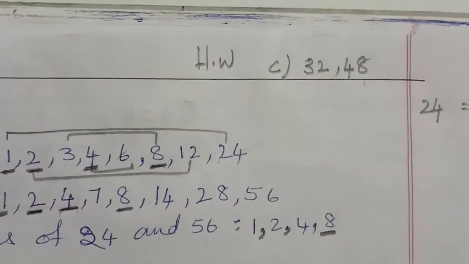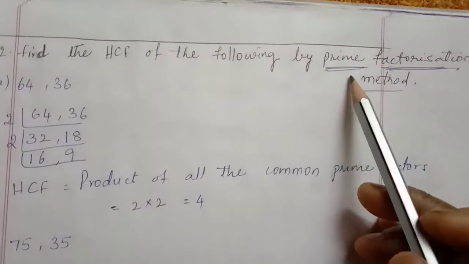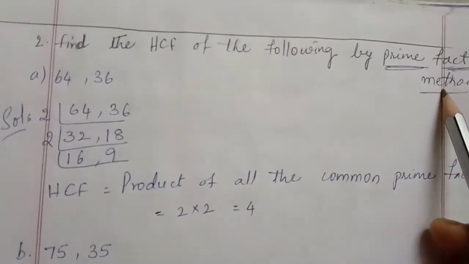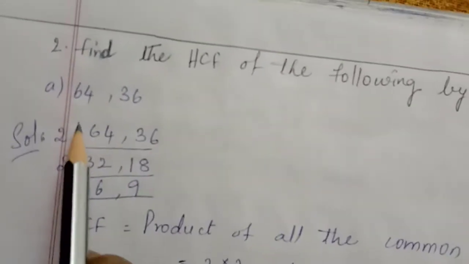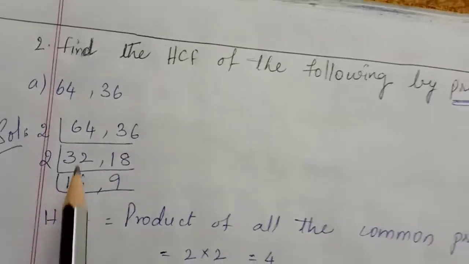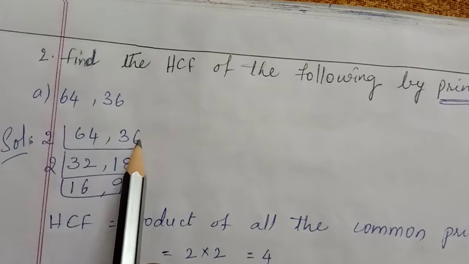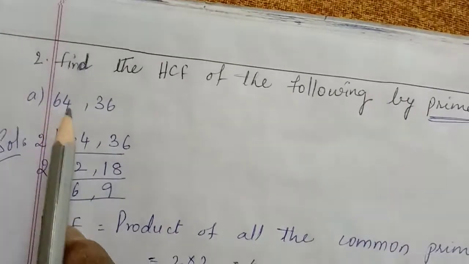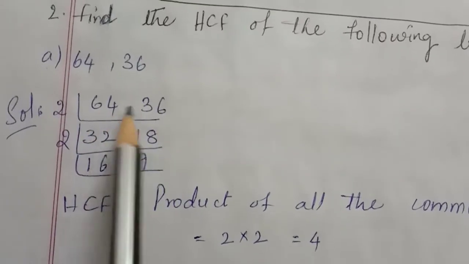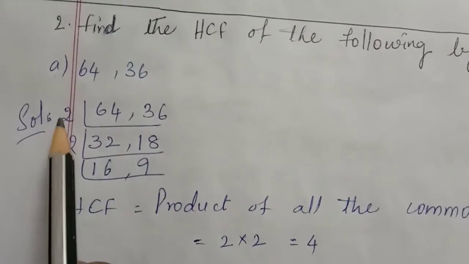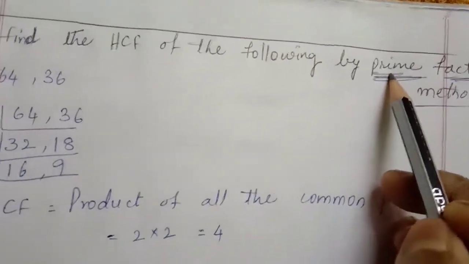Okay, children, now we are going to move to the second method. The second method is prime factorization method. So, we will take both the numbers in L shape. Now 64 and 36 are our question numbers. Means in the first sum we have 64 and 36. So these two numbers will come in 2 table. Children, here it is compulsory that we need to take prime numbers only.